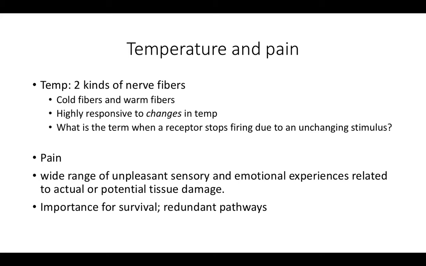We need to be able to remove ourselves from dangerous situations or to seek a quick remedy for our injuries. And so we're very sensitive to it, but we also have ways to reduce our sensitivity to it. And we have multiple redundant pathways, so more than one way to get that information to the brain.